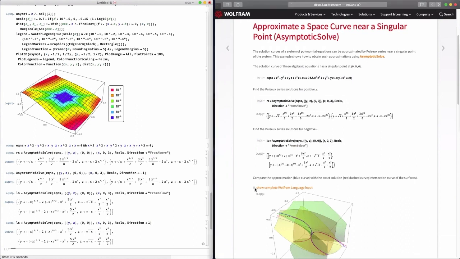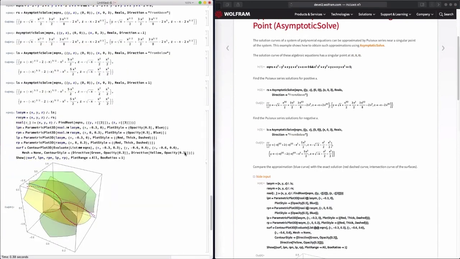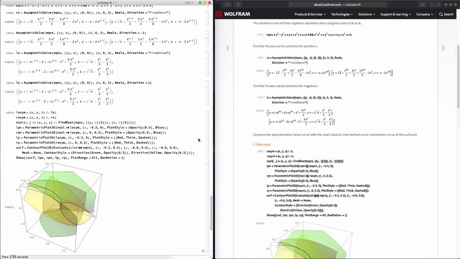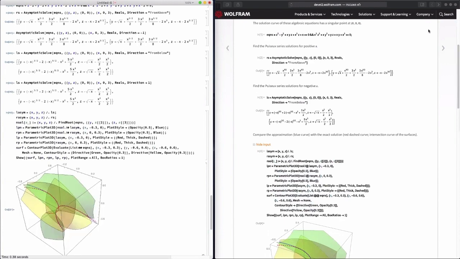And let's just click to copy. So here we're solving an equation in 3 variables, and we're expanding in just y and z. And so where these intersect give us nice space curves that you can see here highlighted.